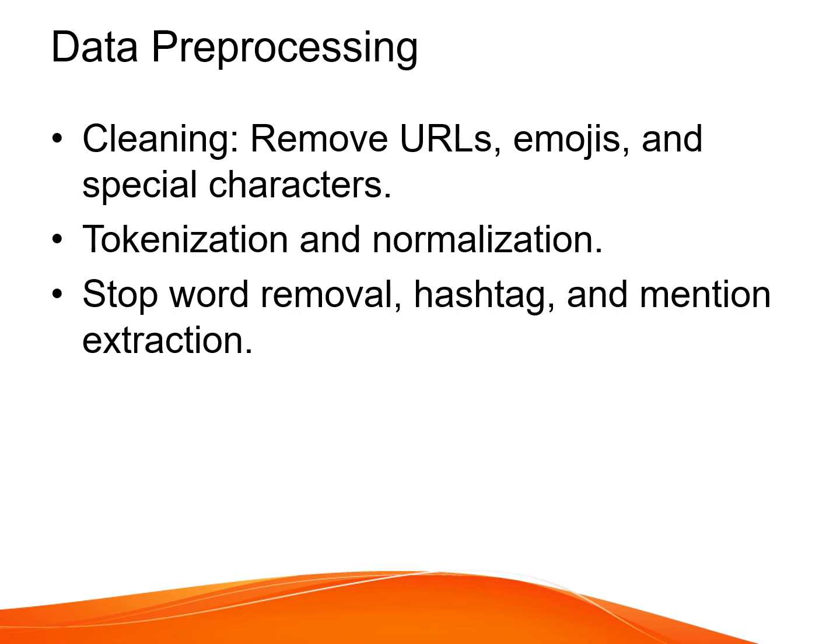This step is critical because the quality of pre-processing directly affects the model accuracy. So when the quality of pre-processing is high, the modeling accuracy will be high. Tools like NLTK, spaCy, and regex-based scripts are commonly used for data pre-processing.